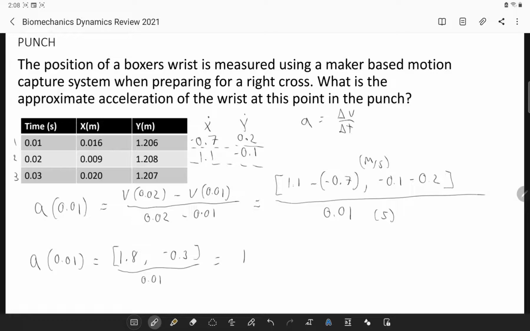So we're going to get 180 and negative 30. And this is going to be in meters per second squared. And there's our answer for this problem. So hopefully that makes sense. Fairly straightforward methods for calculating velocity and acceleration given discrete data.